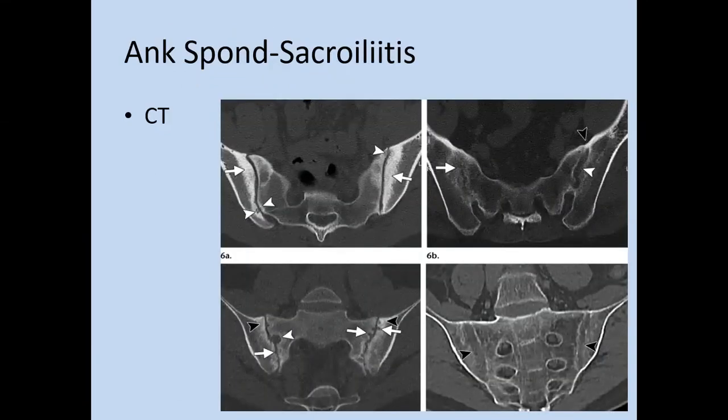Again, the same features that we just described on radiographs, we could also see them on CT. For example, a grade 3 with sclerosis and erosions of the sacroiliac joints, and a grade 4 with complete fusion or partial fusion of the sacroiliac joints.